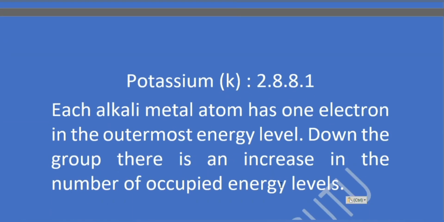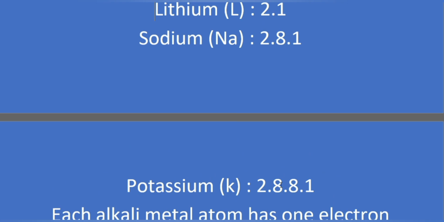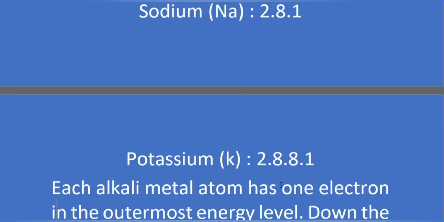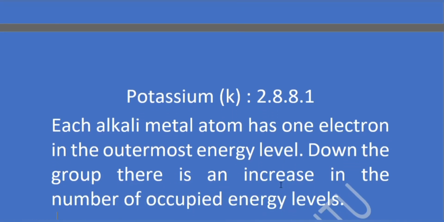So each alkali metal has one electron in the outermost energy level.